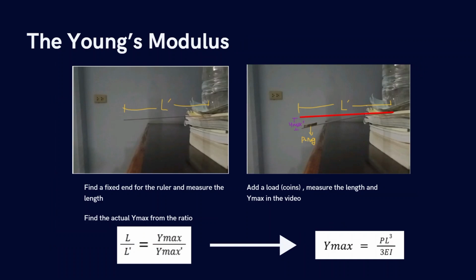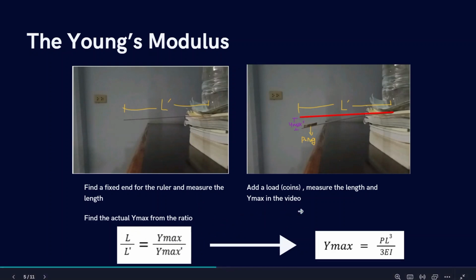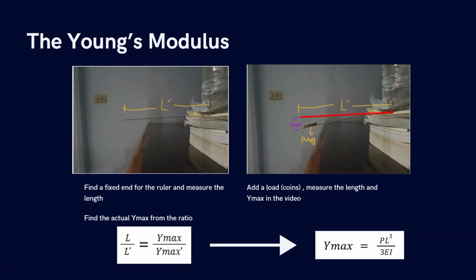I'm going to measure the length based on the video, and also measure the deflection, or the y max value, from the video, and then I'm going to be able to find the actual y max value from the ratio over here. From this y max value we are going to be able to find the Young modulus value.